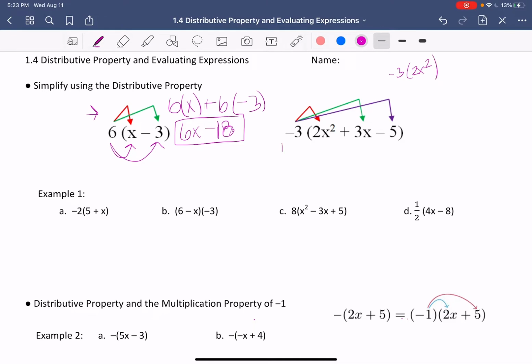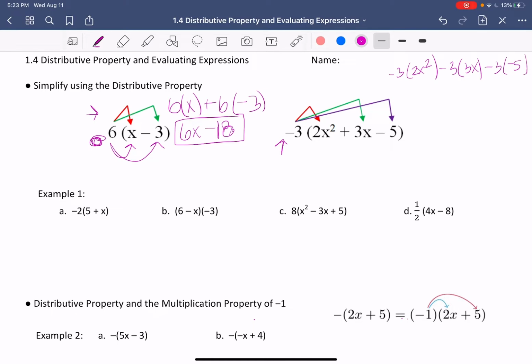Always take the positive or negative that's in front of this outside number. So notice here we kept a positive right here. And so with the -3, we're going to go minus. So minus 3 times 3x, minus 3 times -5.